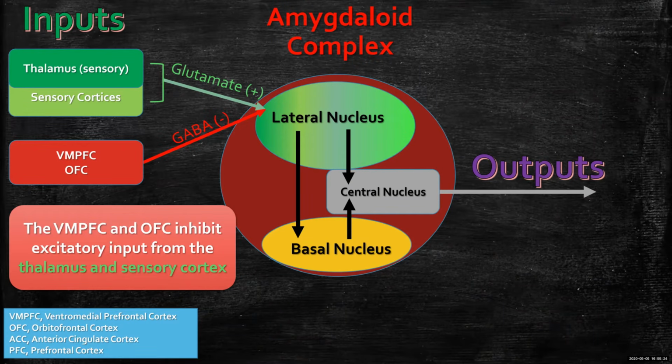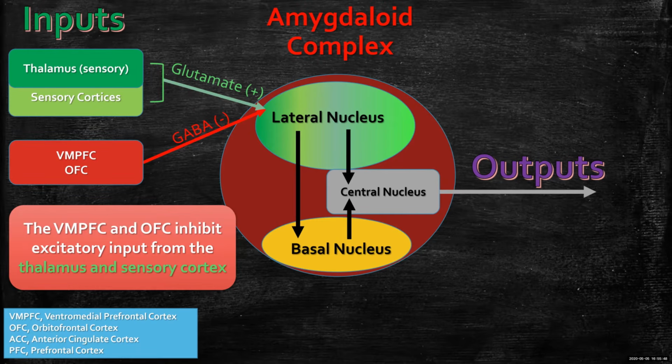The ventromedial prefrontal cortex and the orbitofrontal cortex have inhibitory input via GABA neurons that inhibit the lateral nucleus. However, the thalamus and the sensory cortices use glutamate and stimulate the amygdala.